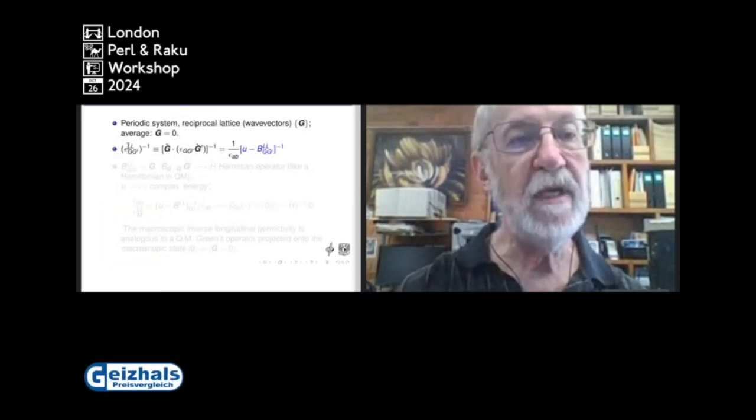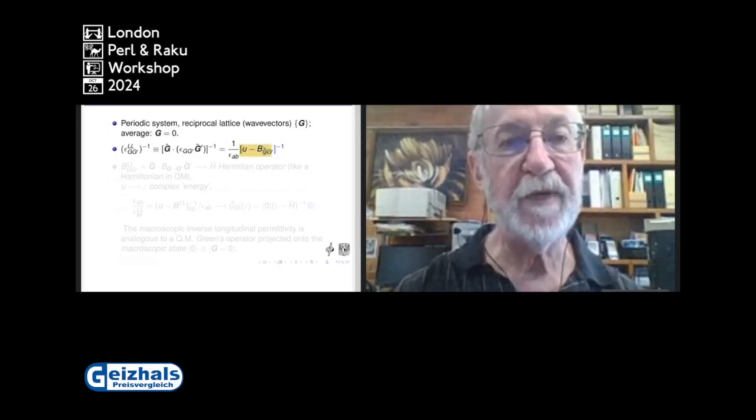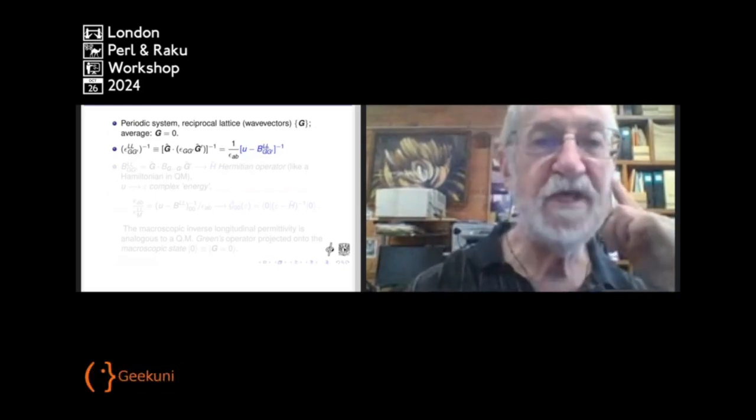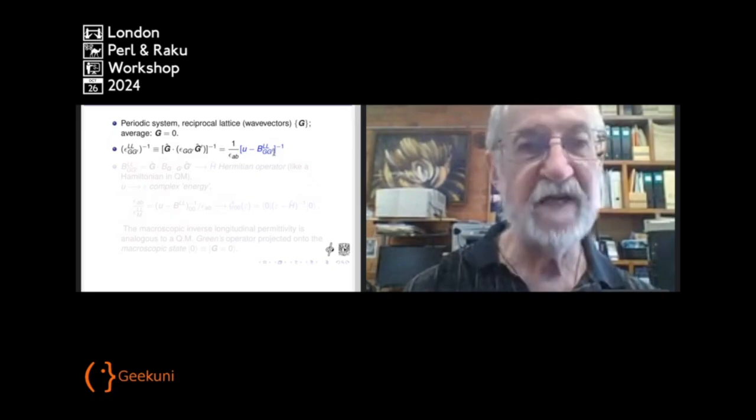So what we have to do is obtain the longitudinal projection of the response, invert it, and that is proportional to this operator here, where B is the longitudinal response of the Fourier transform of the characteristic function, and I have to invert this.